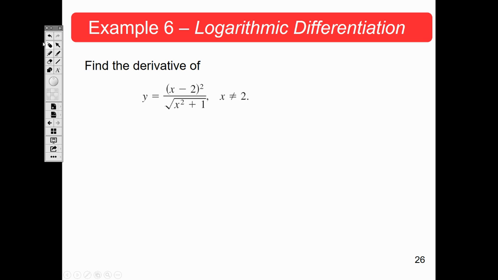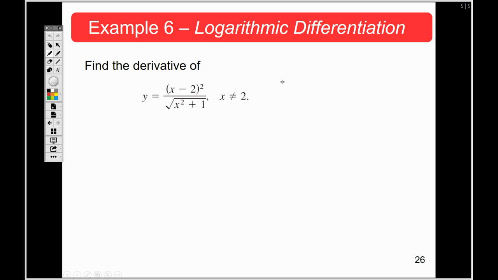So if I do that, let's say natural log of y equals the natural log of this whole thing, x minus 2 squared divided by the square root. I'm going to actually just write that as a half power, but it's the same thing, right? x squared plus 1 to the 1/2. Okay, so we did the natural log of both sides. Algebraically, whatever we do to one side, we can do to the other.